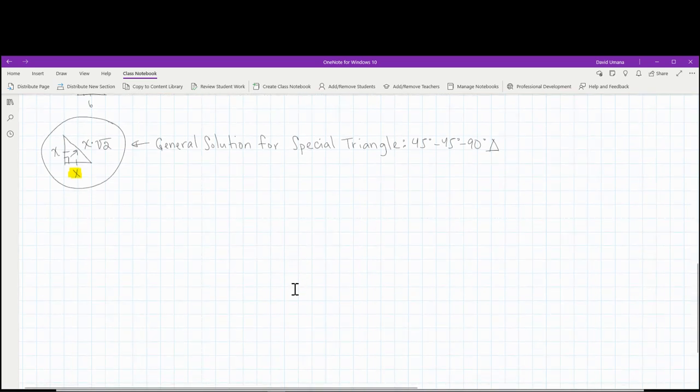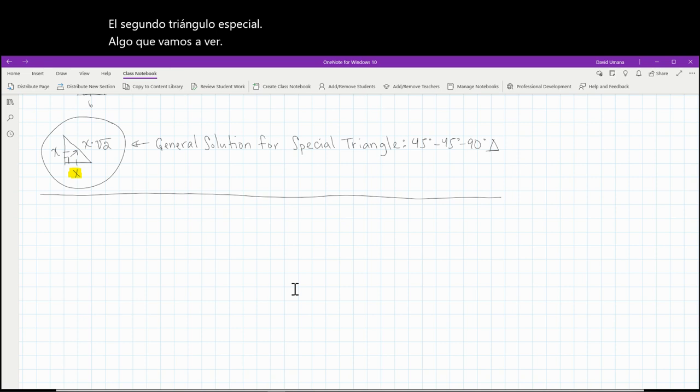Okay. The second special triangle, that is something we're going to look at. So I'm going to call this special triangle 2.